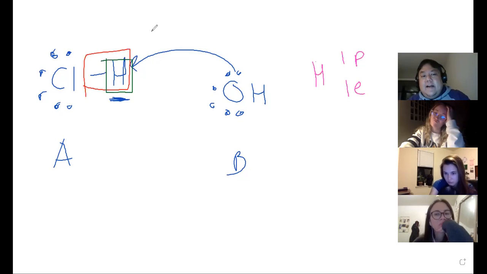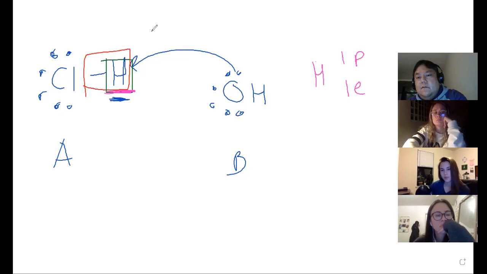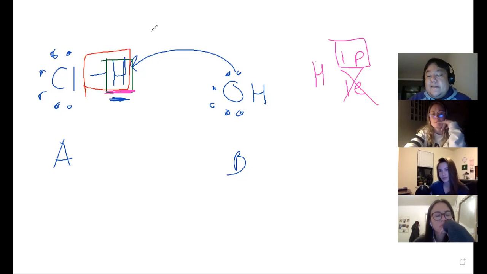So if the hydrogen leaves the bond behind, does it have any electrons anymore? No, it's leaving the bond behind. So what's the only thing left then? The proton. That's why we call them protons in acid base. We're just taking the nuclei of the hydrogen, which only consists of one proton. Does that make sense to you guys?